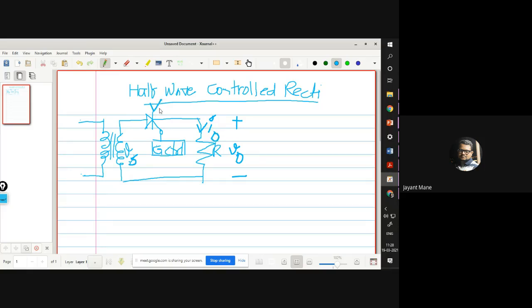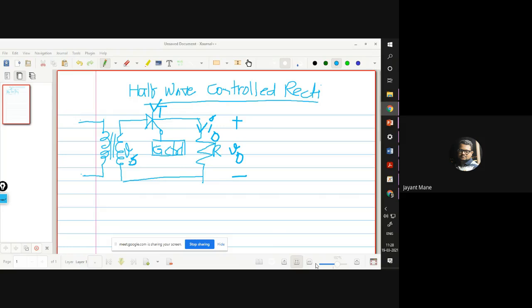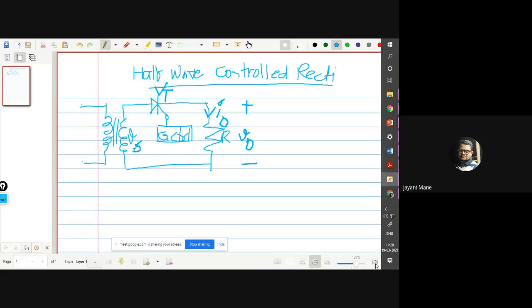And also the voltage across HWR, VT. So now the waveforms.